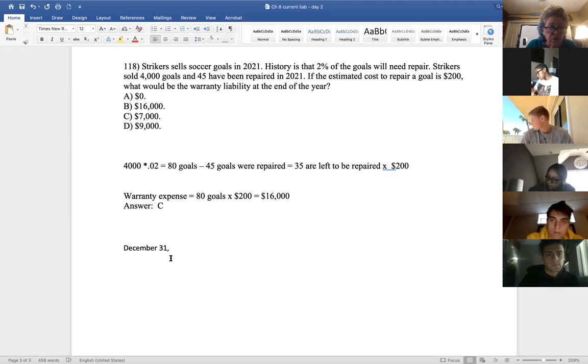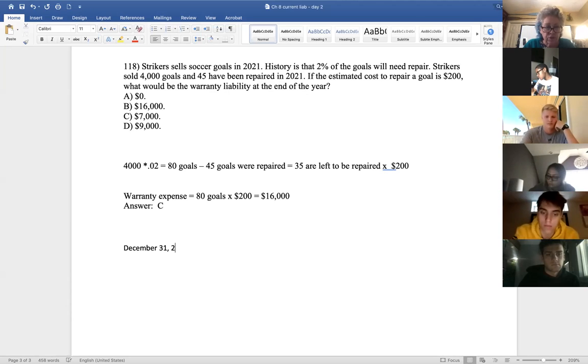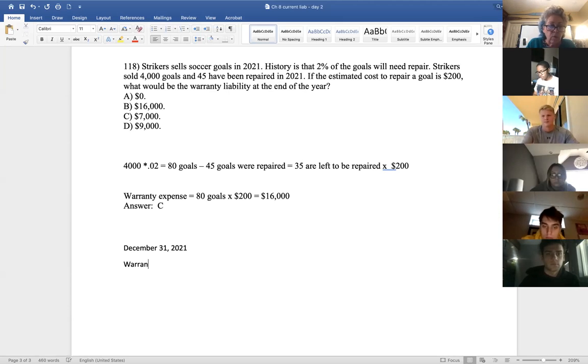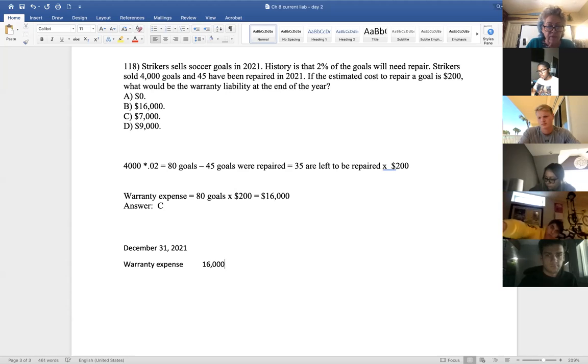Okay. So at December 31st, 2021, the company would debit warranty expense for 16,000 and credit warranty liability of 16,000.